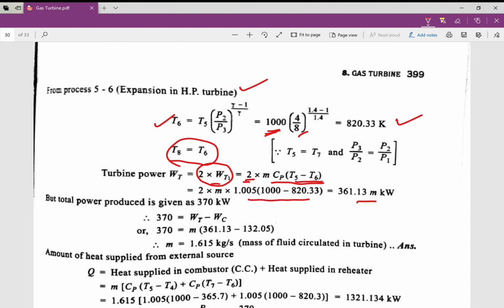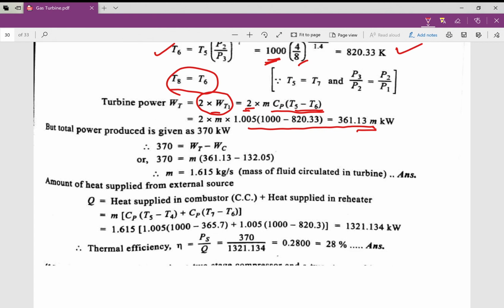So here also this turbine work comes in terms of mass m. The net power is already given to us in the numerical, that is 370 kilowatt. So this net power, we can write, is the difference between turbine work and compressor work.